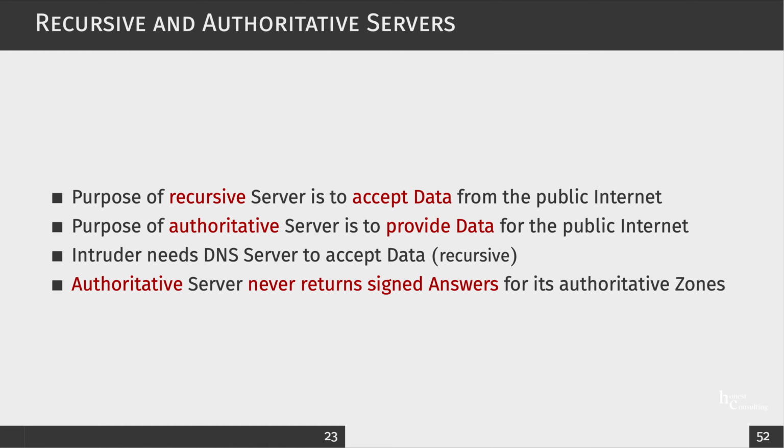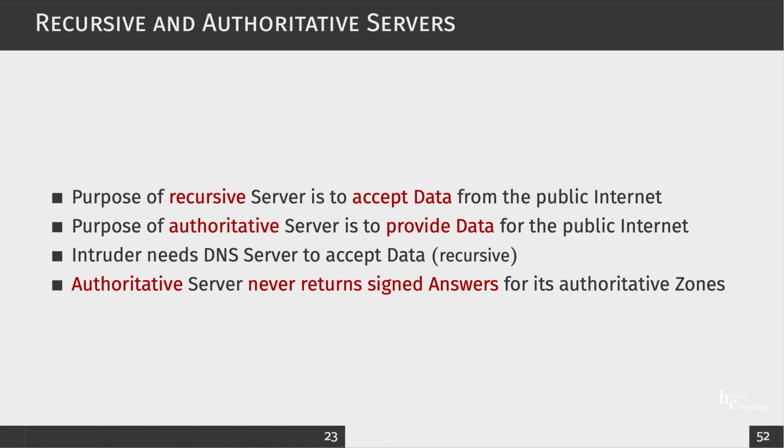So the role of the system is to provide answers to remote information, to DNS data that does not belong to the environment where the recursive server belongs to, and an authoritative system is providing such data for the public internet. So the authoritative system is providing the data that the recursive system is expecting or even accepting.